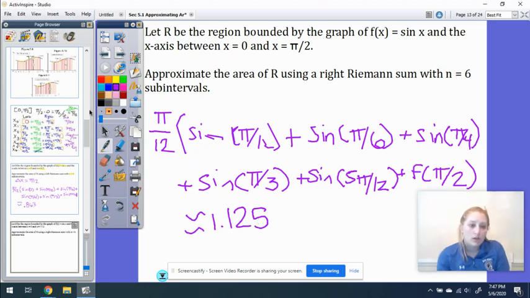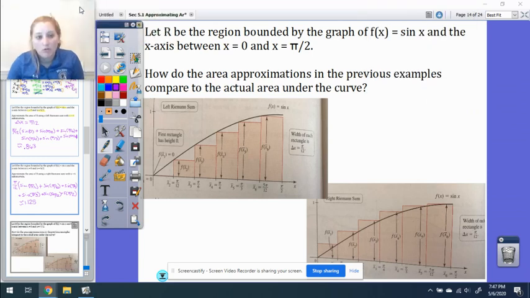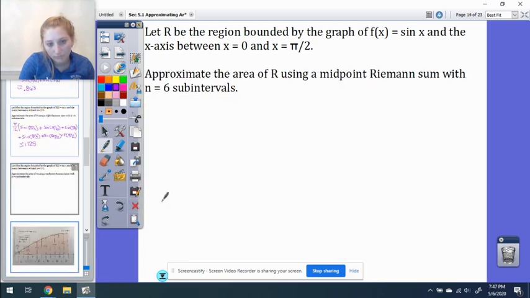Okay, so I want you to take a look at these graphs. And I want you to tell me what you are noticing. So left is going to underestimate. Where's my pen? Oop. Oh my gosh, what the heck did I just do?